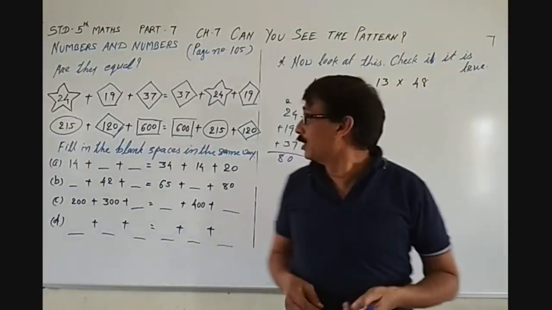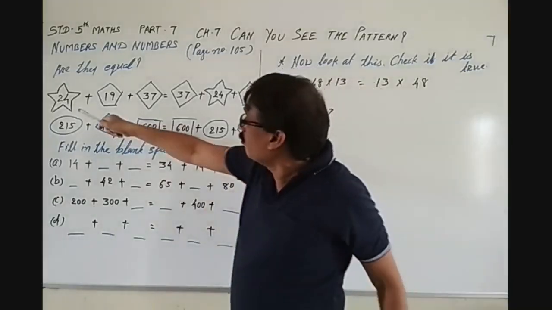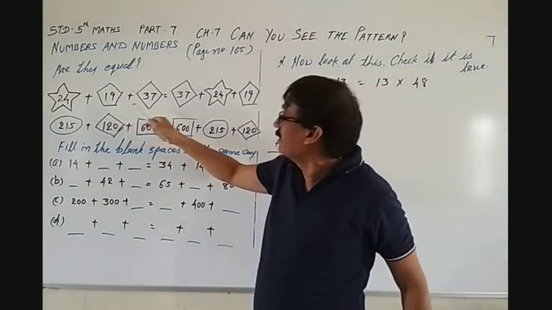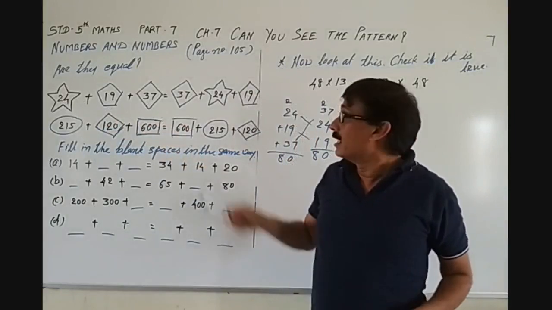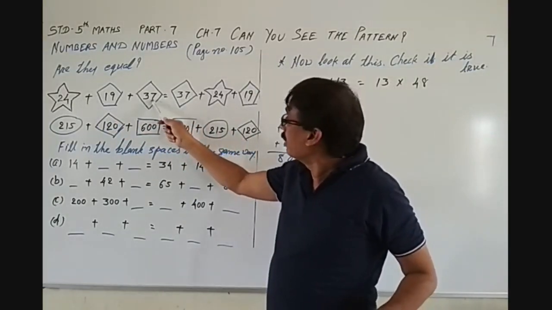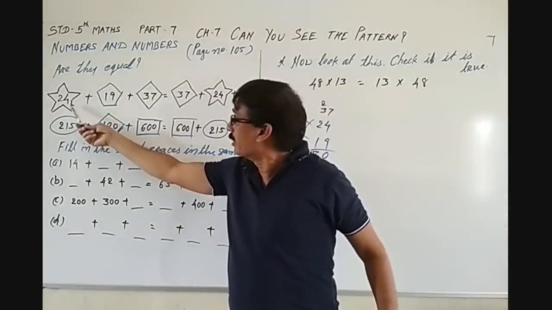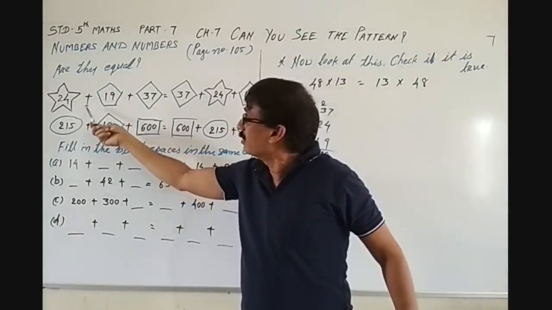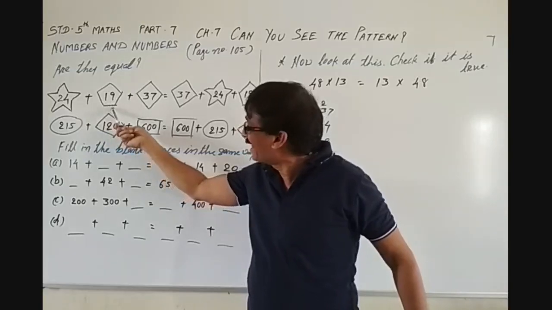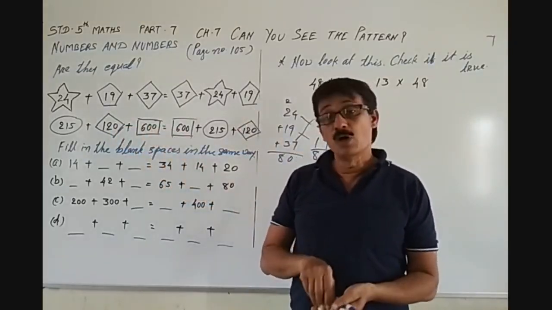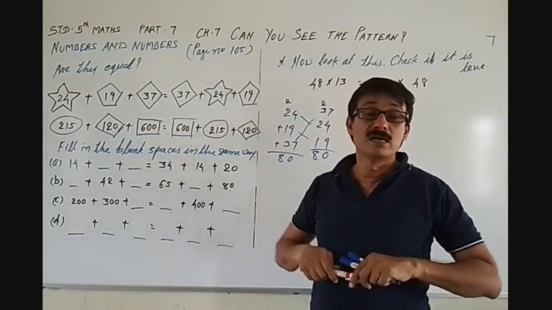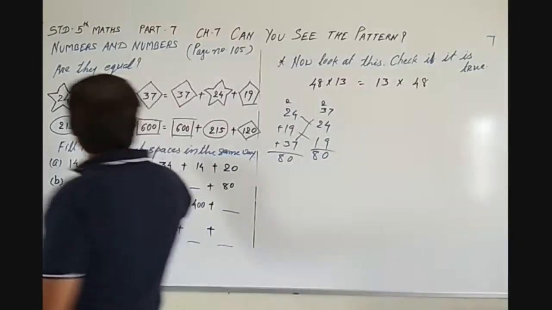In this one, you can see, first of all it was 24, then 19, then 37. Now here, 37 has come first. So what happened? 24 comes to this place and 19 comes to the last place. So actually they are moving in this way.